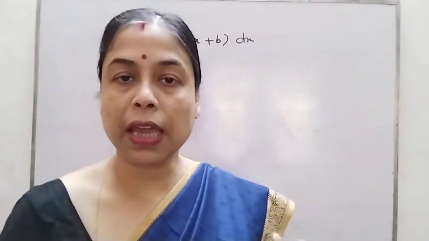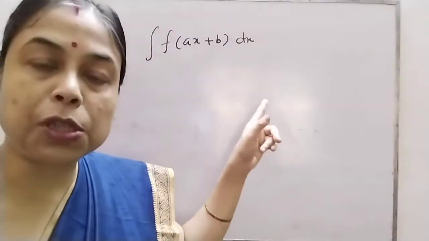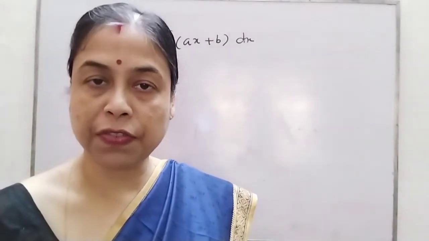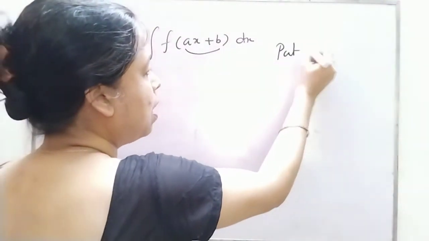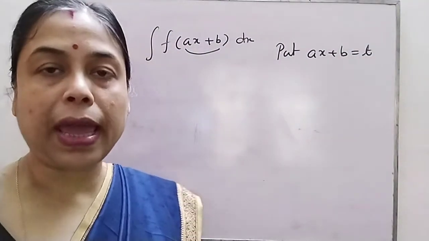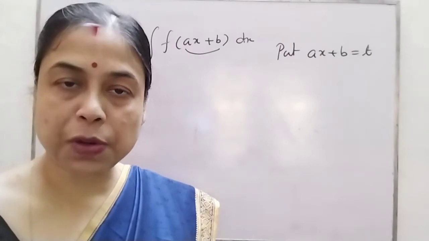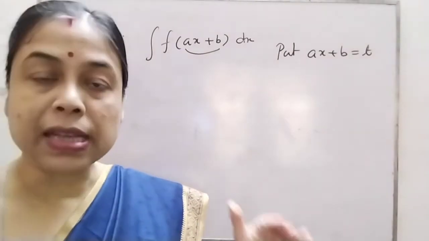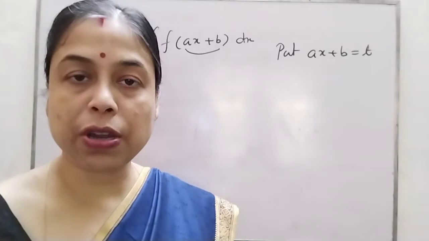But ax plus b is a linear expression, and the derivative of a linear expression gives you a constant. So in this case I am going to use ax plus b as a new variable. Since the derivative of fx is not directly present, our substitution will not be fx.